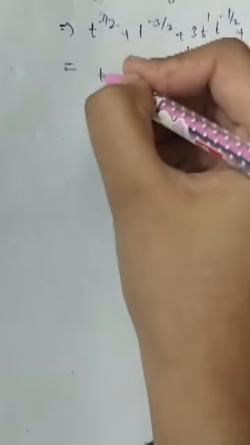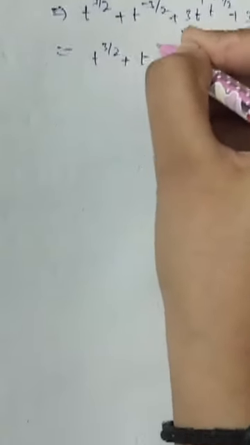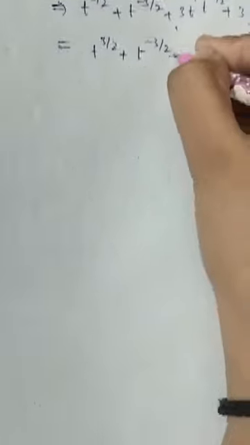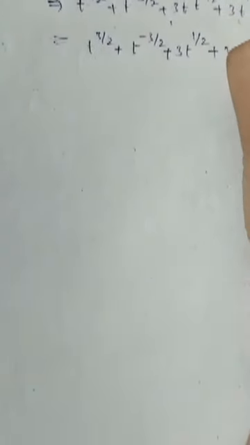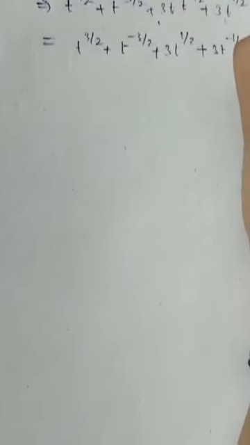Now we get t power 3 by 2 plus t power minus 3 by 2 plus 3 t power 1 by 2 plus 3 t power minus 1 by 2.